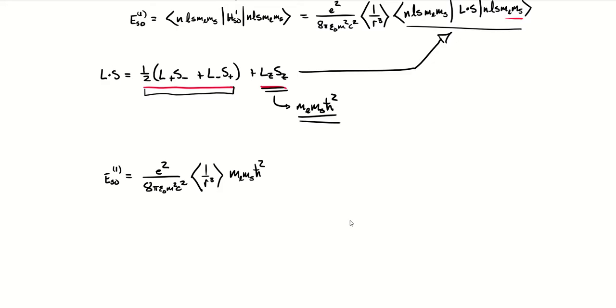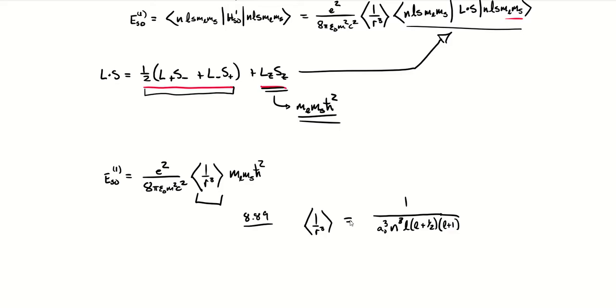This part here, again, we've solved previously. If you go all the way back to equation 8.89 from when we were first talking about the hydrogen atom, we showed that that 1 over r cubed term was essentially just equal to 1 over the Bohr radius cubed, n cubed, L, L plus 1/2 times L plus 1, right?